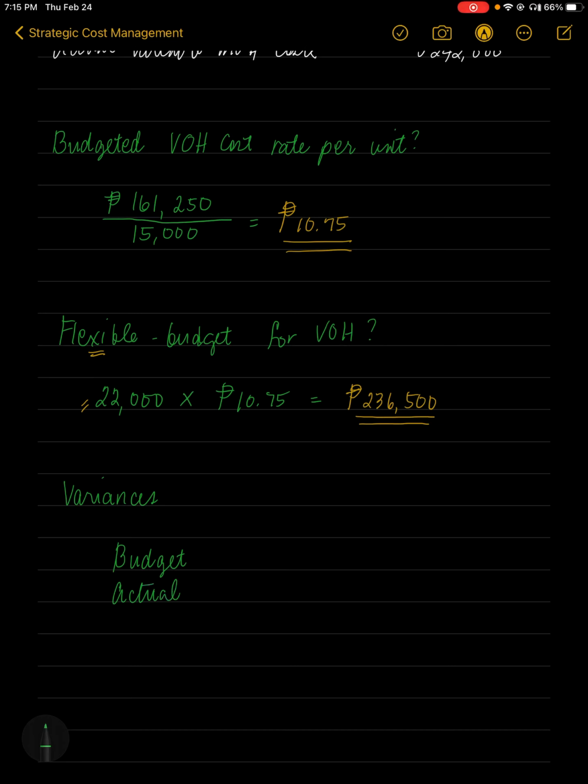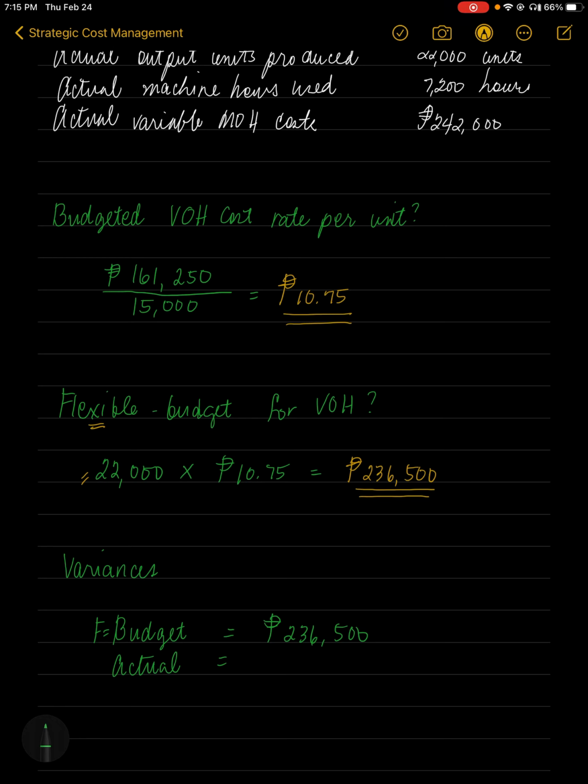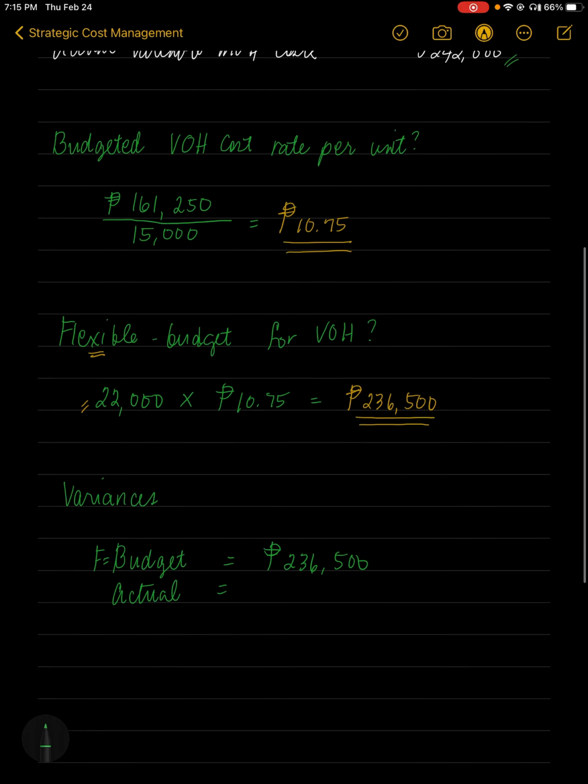Budget here is the flexible budget, meaning applied to the 22,000 units produced. So based on the computed flexible budget, the flexible budget is 236,500. But based on the problem, the actual variable manufacturing overhead cost is 242,000.